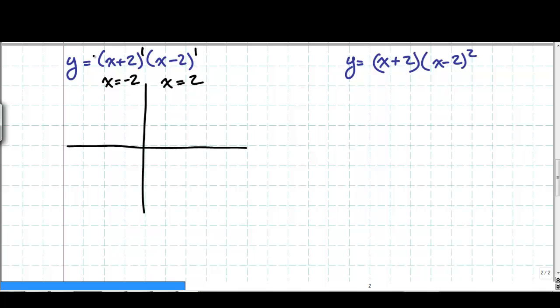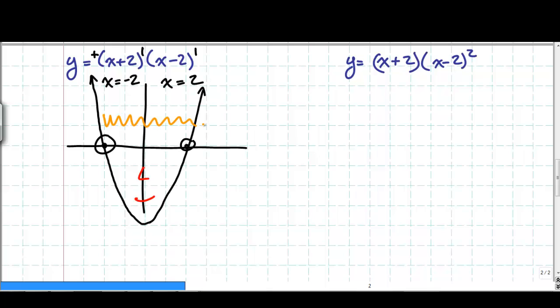This, of course, is a positive quadratic function, so we know the end behavior is going to start in quadrant 2 and end somewhere in quadrant 1. It's going to cross through negative 2 and positive 2, so it's probably going to do something like that, crossing through those points, starting high and finishing high to the right.